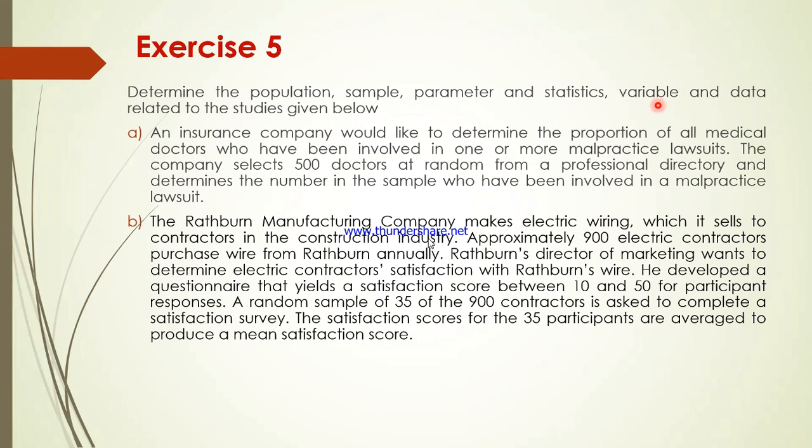Actually, you can identify the variable with this statement. Rathbun's director of marketing wants to determine electric contractor satisfaction with Rathbun's wire. A variable is an attribute of the respondent. What is the attribute we are measuring with the respondent? Which attribute or perception are we looking for? From this statement, you can get the idea of defining the variable.